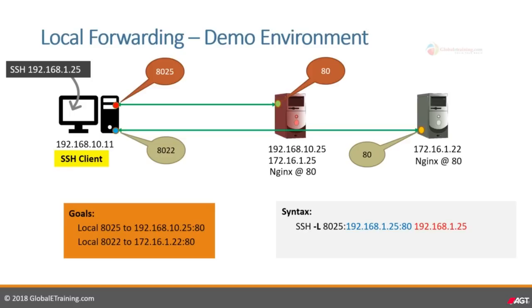And when we hit port 8022, the website comes from the machine 172.16.1.22. I would recommend you pause for a couple of minutes, digest this diagram, make a mental picture, and get a good understanding of what we're trying to achieve here before you proceed. Okay, let's jump into these VMs and start configuring all this.